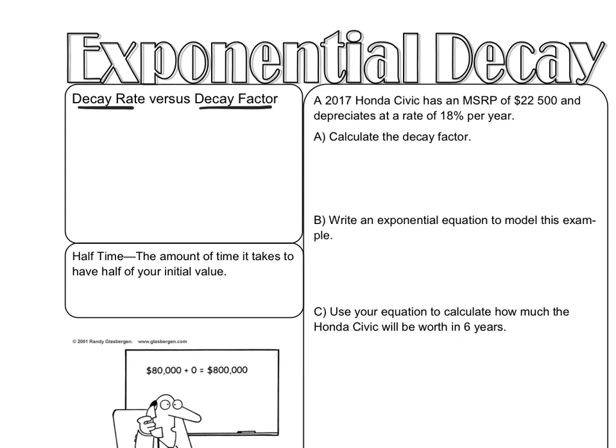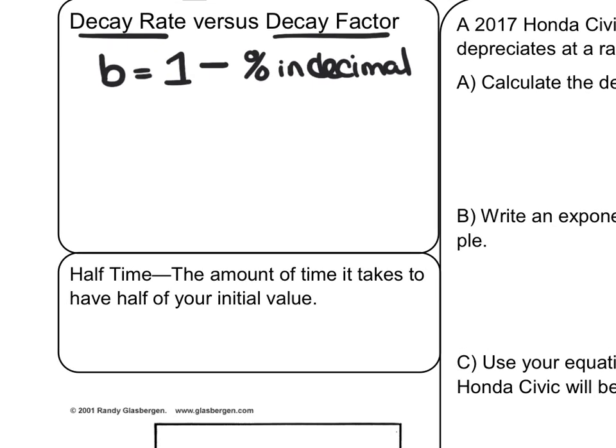In this case, the last lesson was b equals 1 plus the percentage. In this case, it is 1 minus the percent in decimal form. So, for example, let's say that we have a decrease of 25%.